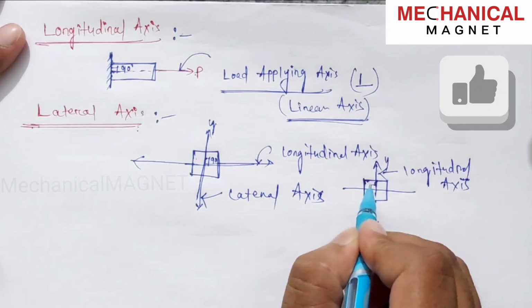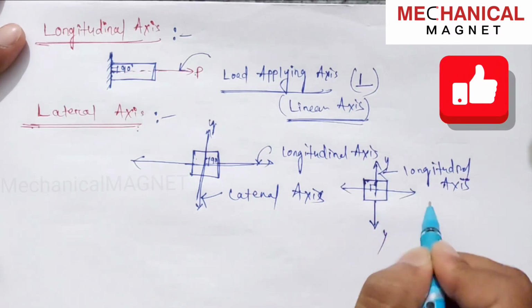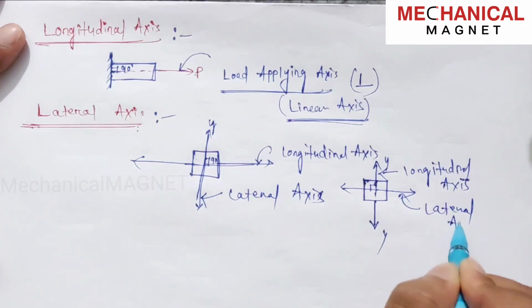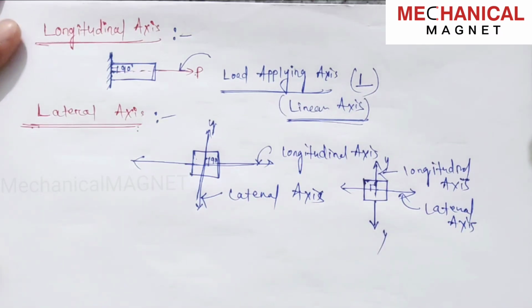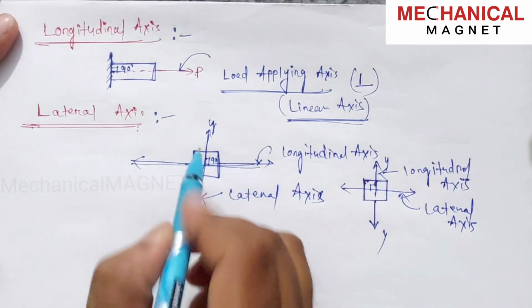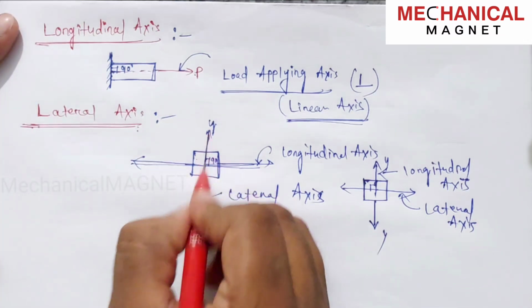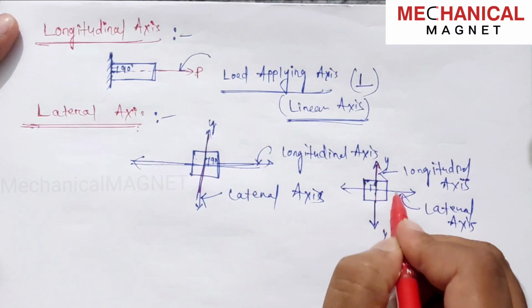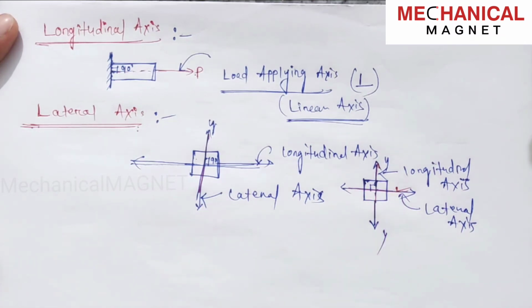Means this one will be the lateral axis. Okay, so this is very easy. If this is the longitudinal axis, then that will be the lateral axis. And if this is the longitudinal axis, then that will be the lateral axis.